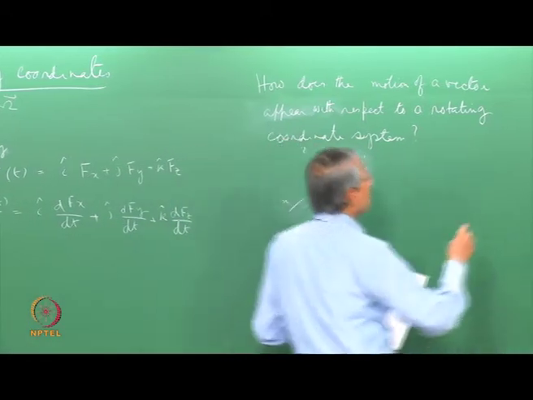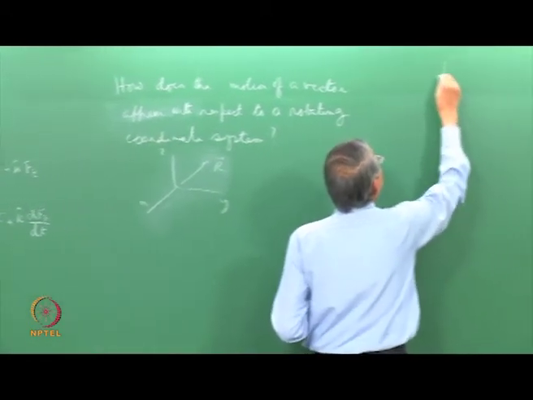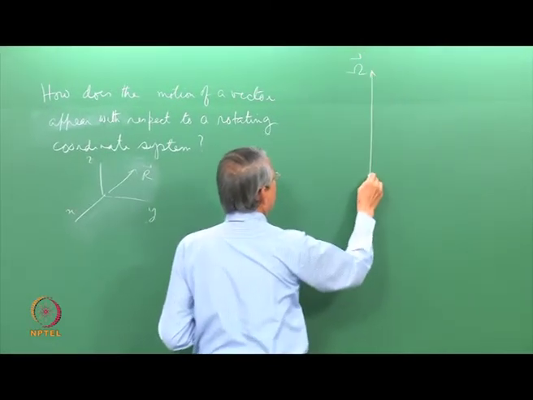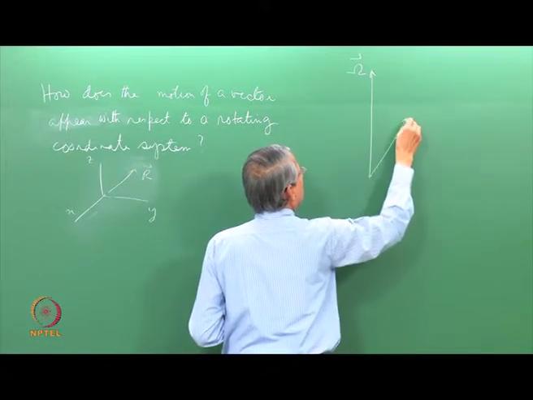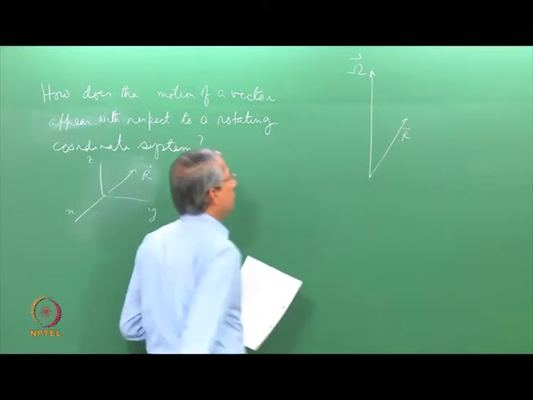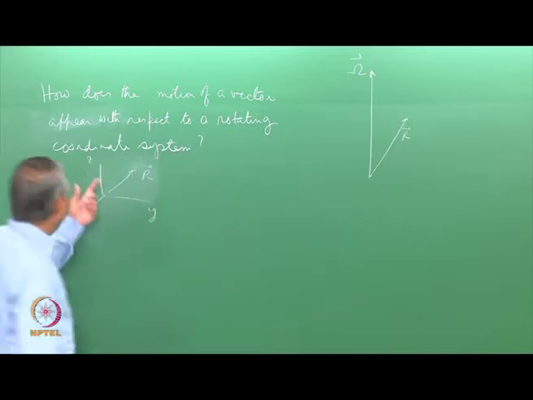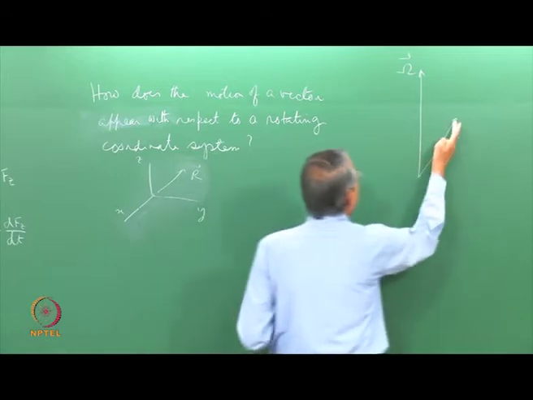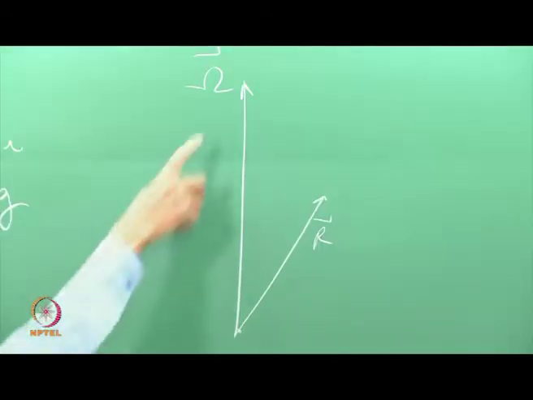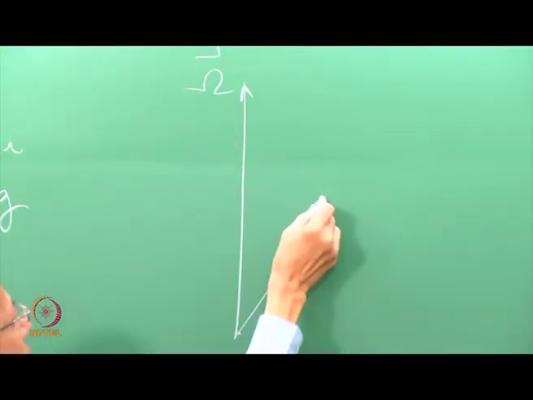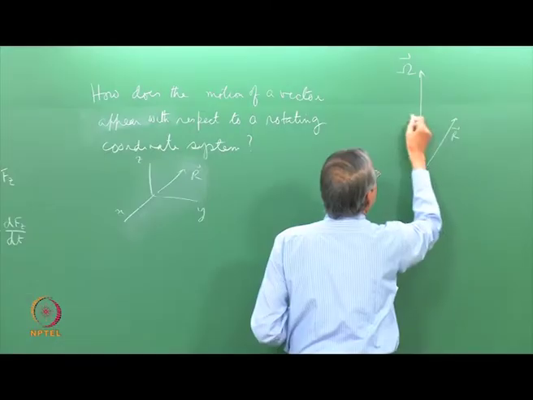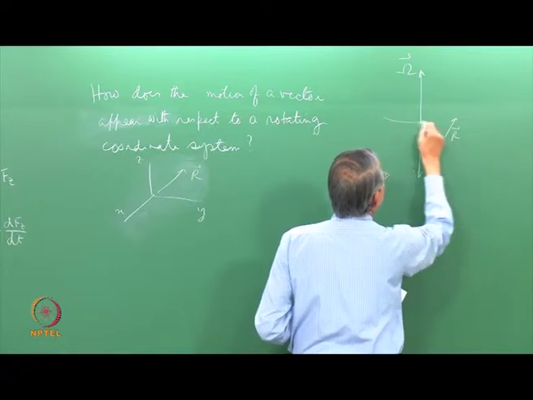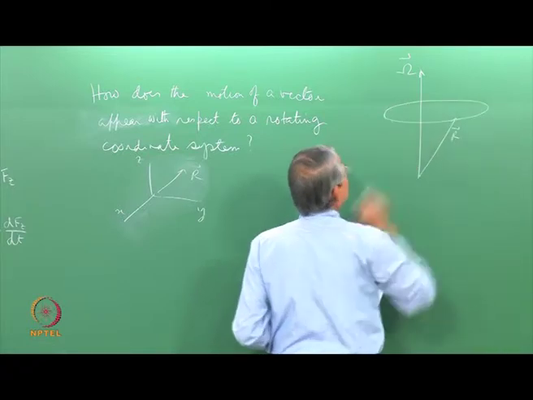Let us say that this is the direction of the angular velocity omega, and from a certain origin this vector r is pointing. As I said earlier, the rotation of the coordinate system is as good as imagining that the vector r is rotating around the direction of this angular velocity omega. Suppose at time t it was here and then it is rotating in this way.